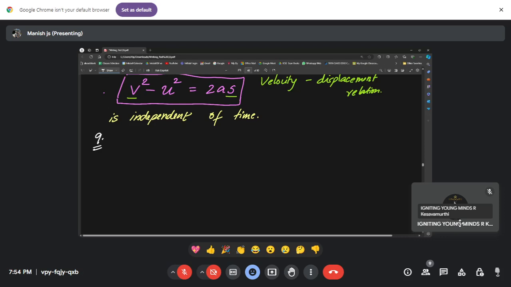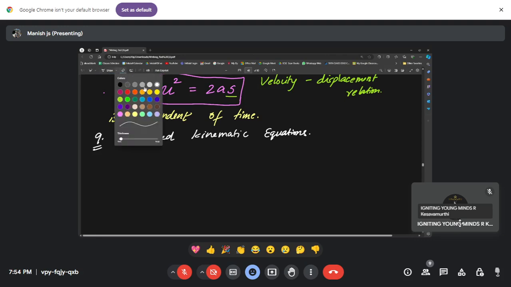Okay, so the extended formulas are, so I will write extended kinematic equations. We have extended kinematic equations.